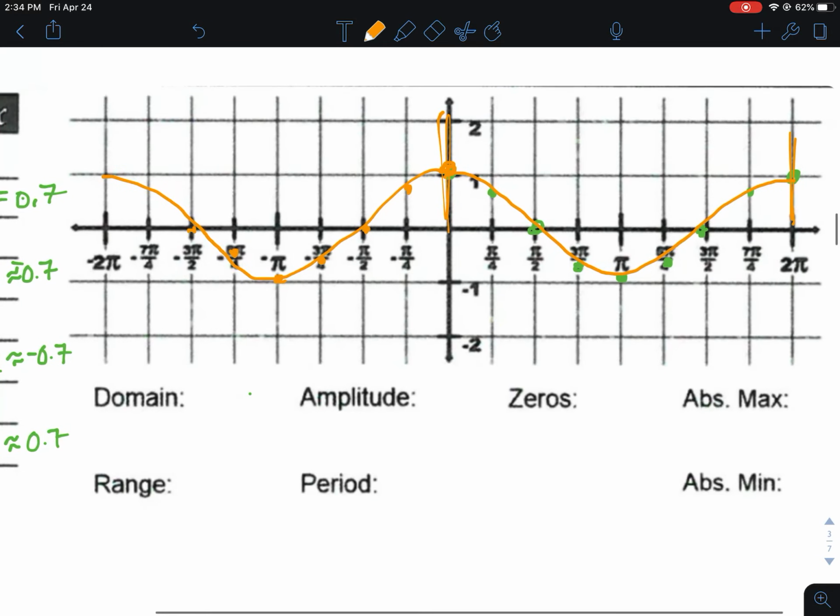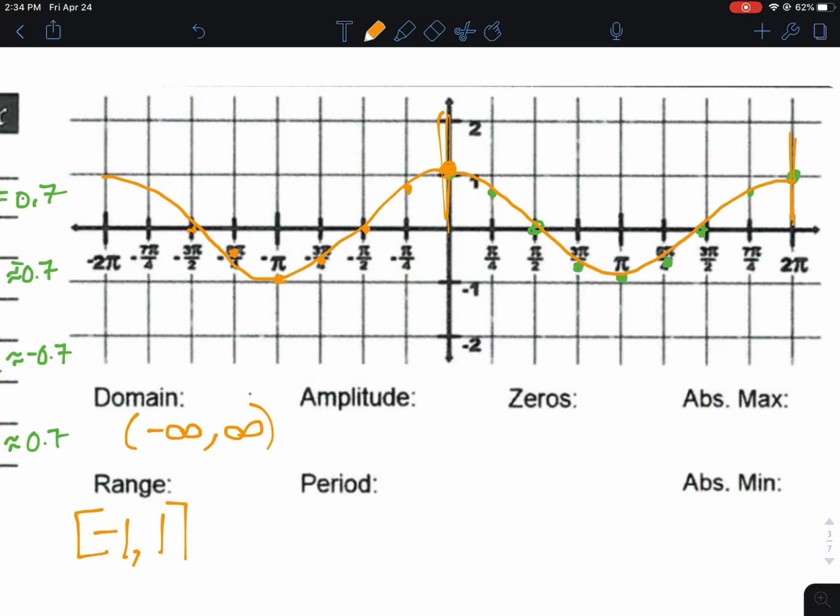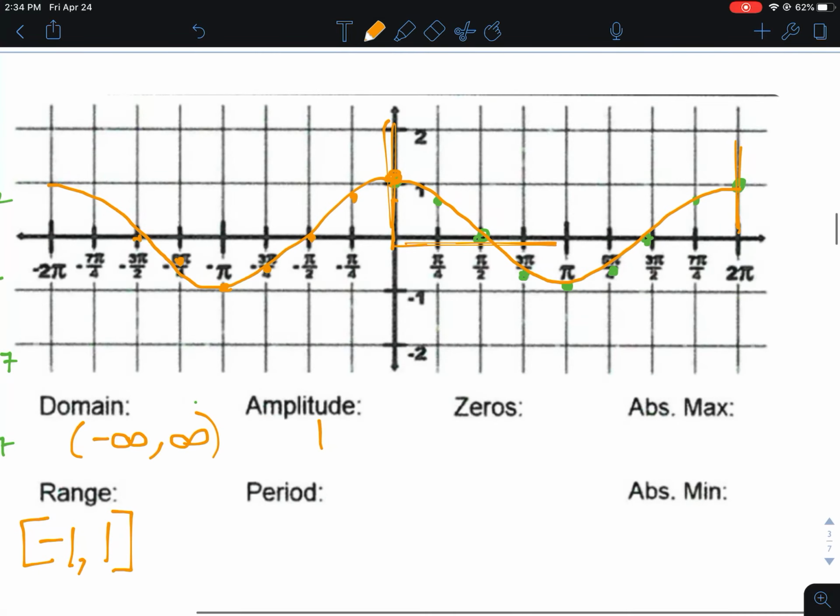So if we talk about the domain, a lot of this is still the same. Domain is negative infinity to positive infinity, range negative 1 to 1, amplitude still 1, that's the distance from the center to the top. Period, so this time we went from here down and back up, and that's where it would start to repeat itself again.